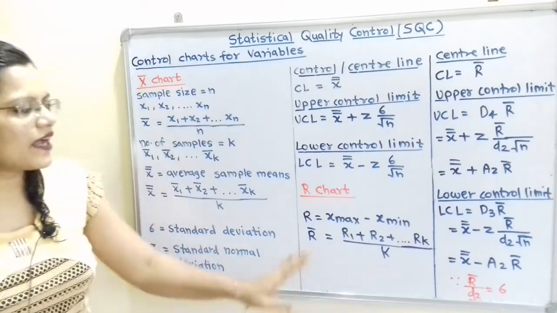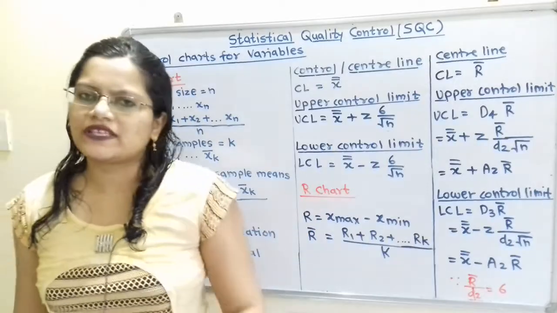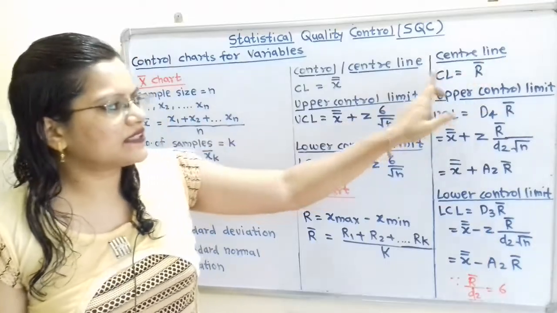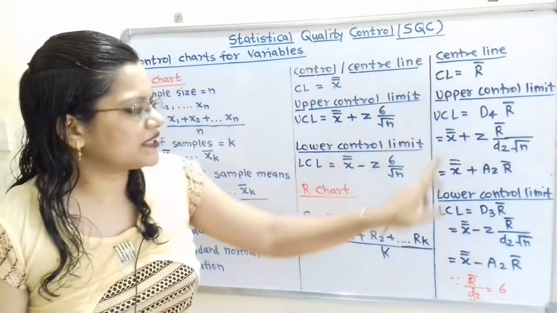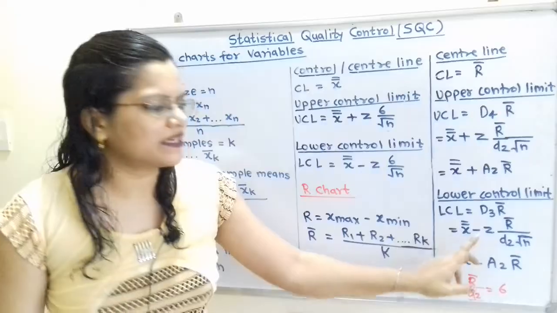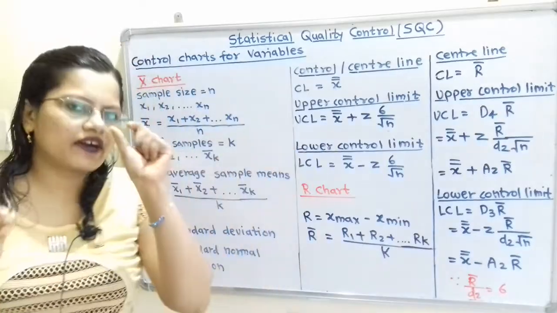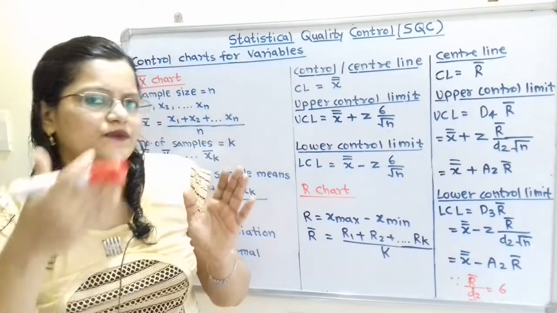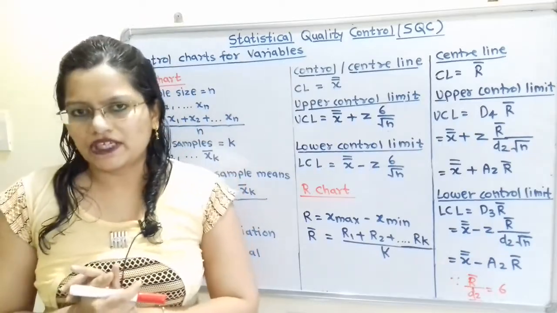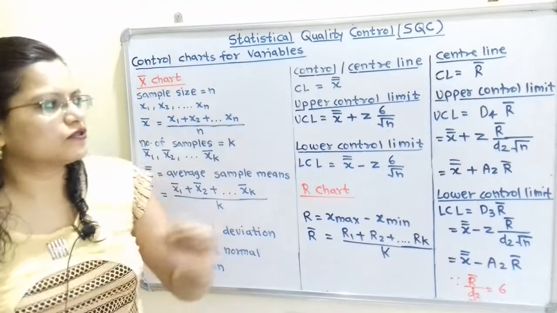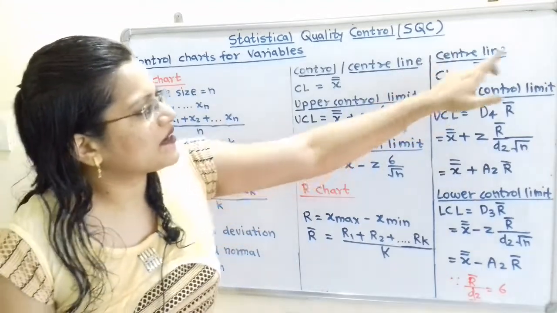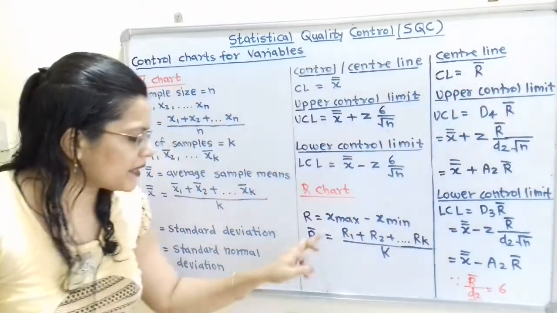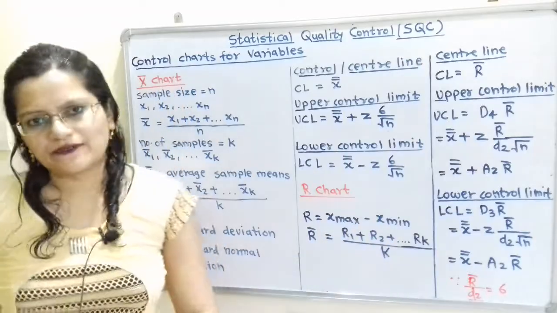Now again for this R chart also, three parameters are important. First one, center line CL, upper control limit UCL, lower control limit LCL. There are different values that are mentioned in a chart, and that chart is provided in the examination. Which are those values? The center line, that is CL, is equal to R bar, and R bar we can calculate by using this formula.